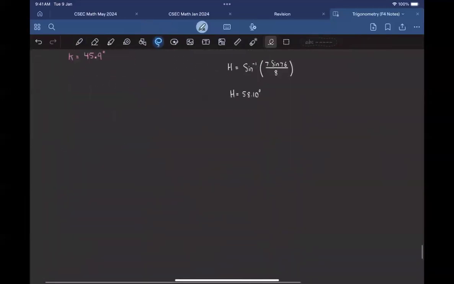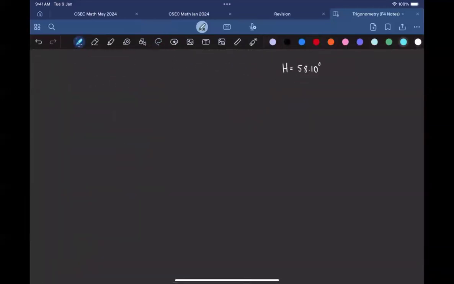So let's look at the cosine rule. Does anybody know what the cosine rule looks like?